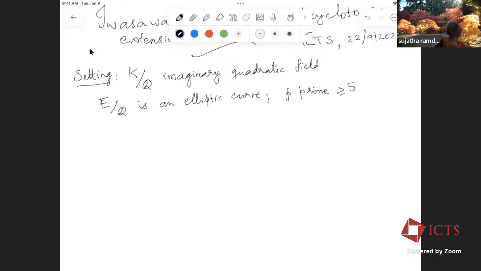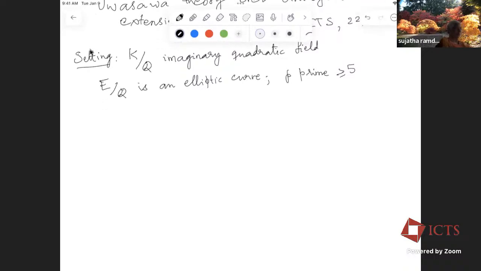Earlier, I had just looked at it on and off, and I discovered that it's much more subtle, and there are still a lot of questions open in anticyclotomic which are of interest to me. So I'm going to talk about that and compare along the way what is known in the cyclotomic and what is known in the anticyclotomic, and the problems and the results.